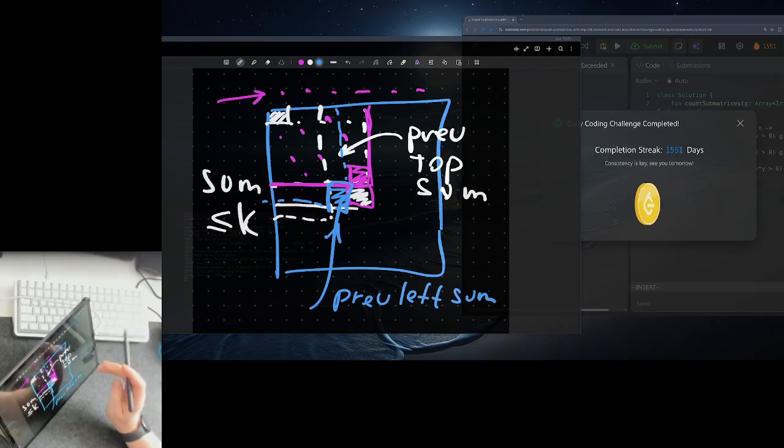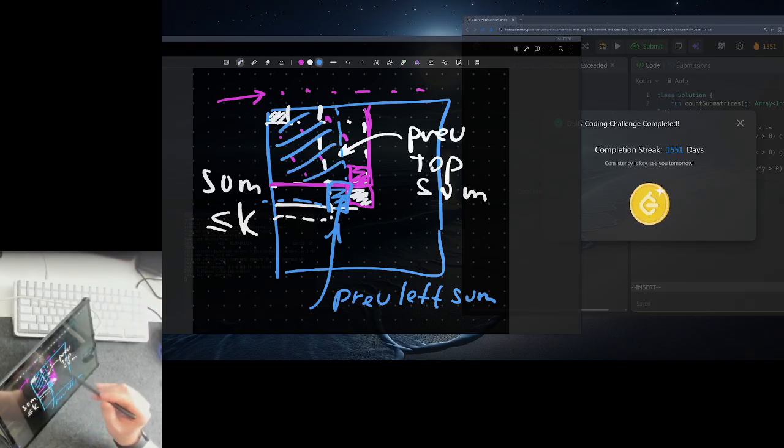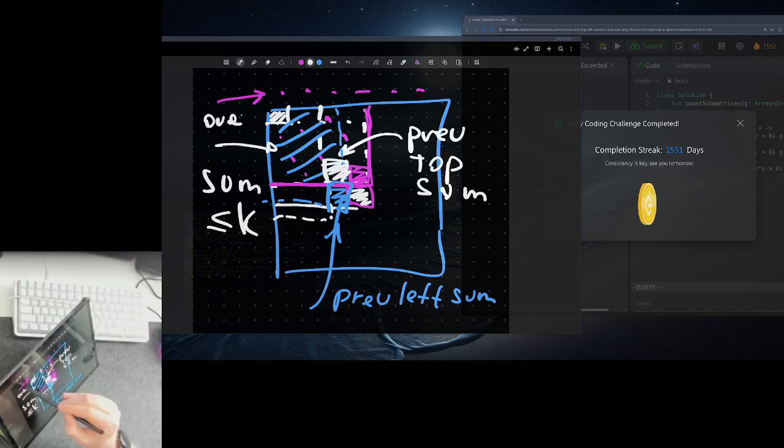And after that we have an overlap between them. So this entire square is the overlap, and the coordinates of the overlap are y minus 1, x minus 1.